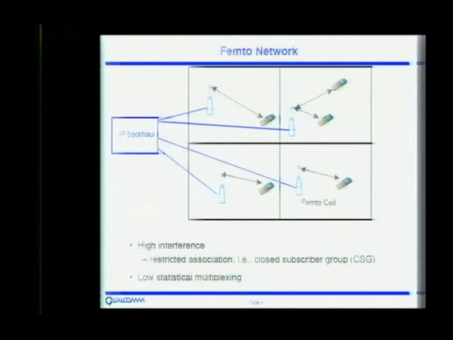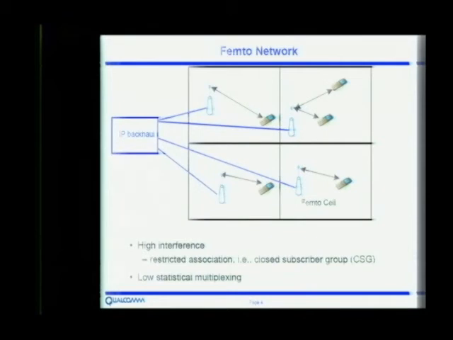There are two things which make interference management more challenging in a femto scenario. The first is that it's essentially an unplanned deployment. And you could have a constraint that you're allowed to associate only with your own femto cell, which makes things even worse. This simple figure illustrates that. This mobile is actually closer to the adjacent femto cell, but it will be forced to communicate with its own femto cell.